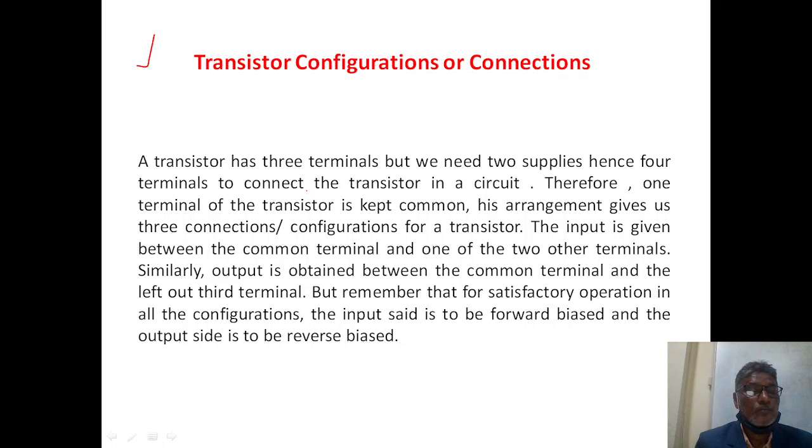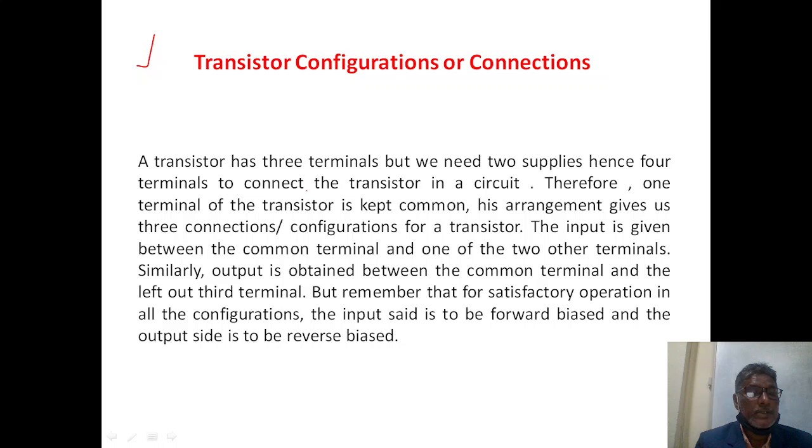Therefore, one terminal of the transistor is kept common. That means it will be in grounded mode, and this arrangement gives us the three connections or configurations for a transistor.